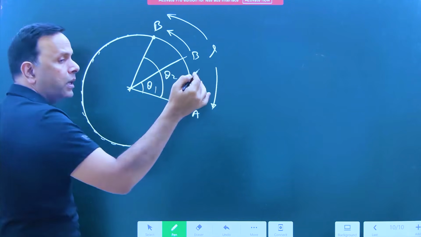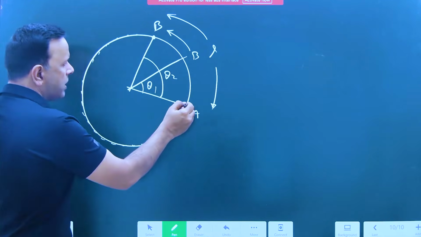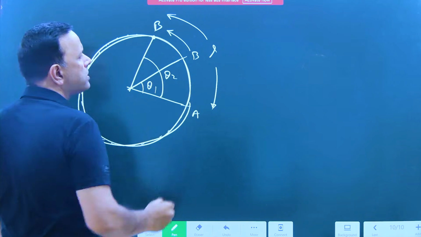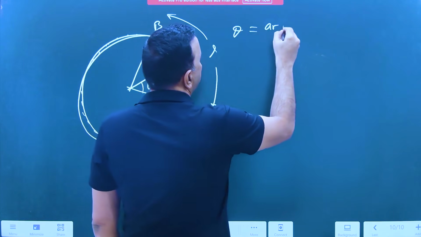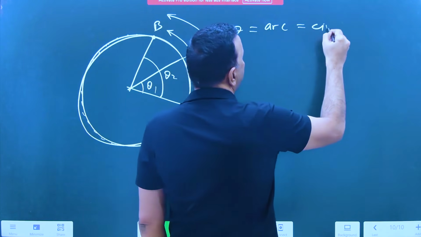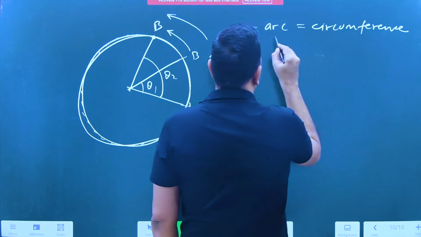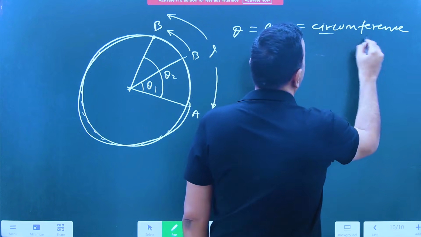So tell me, if the B point keeps on moving and at a point of time it comes and coincides with A, if you start from A and you come back to A for the whole circle, then can I say that for the whole circle, the arc length is equal to the circumference, right? And the result says angle is arc upon radius.